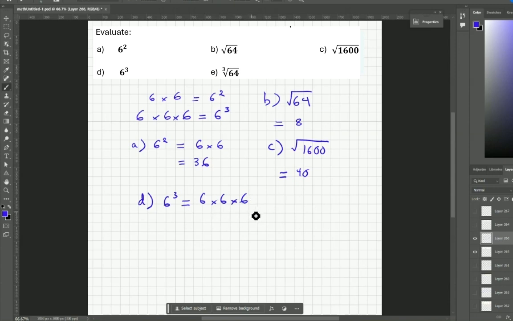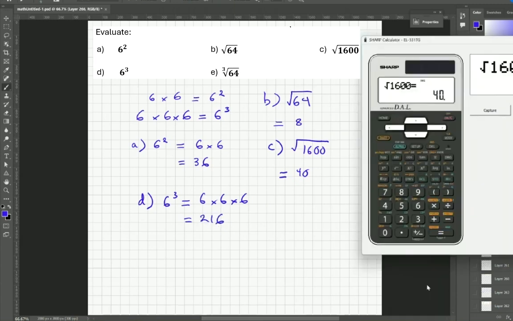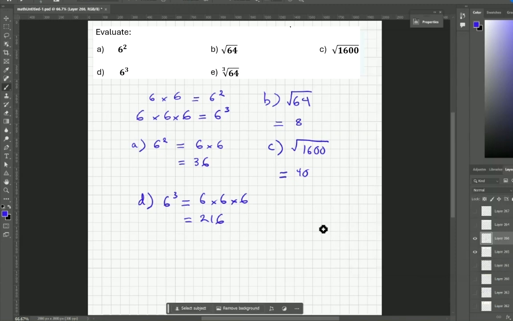So we know 30 times 6 is 180, add on another 36, and we will get 216. Again, on the calculator we can do 6 to the power of 3 and hit equals, or you might just have a cubed button, and get 216.